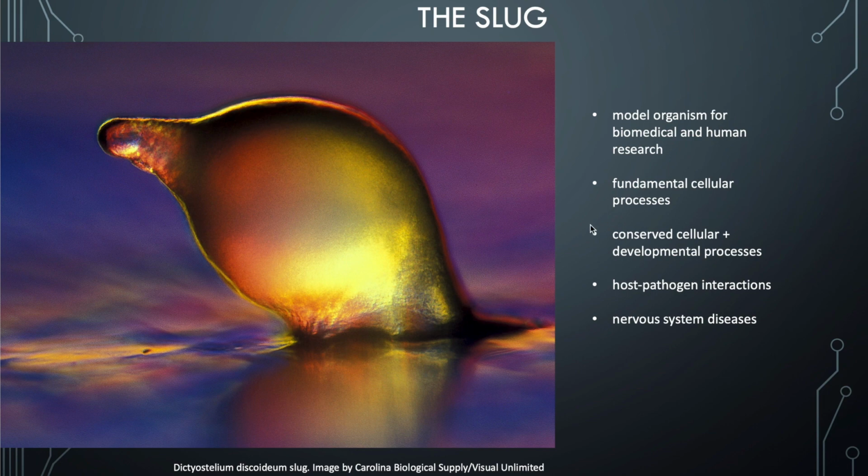So this is why slime molds are so good to investigate, because they do share that in common with other groups of organisms. There are also great models for studying host pathogen interactions, as you have seen with bacteria that might want to eat the slug. And also various nervous system diseases can be studied using these organisms. So there's just a plethora of various ways these organisms can be used, and science is using them in order to investigate a lot of phenomena, both biomedically and otherwise.